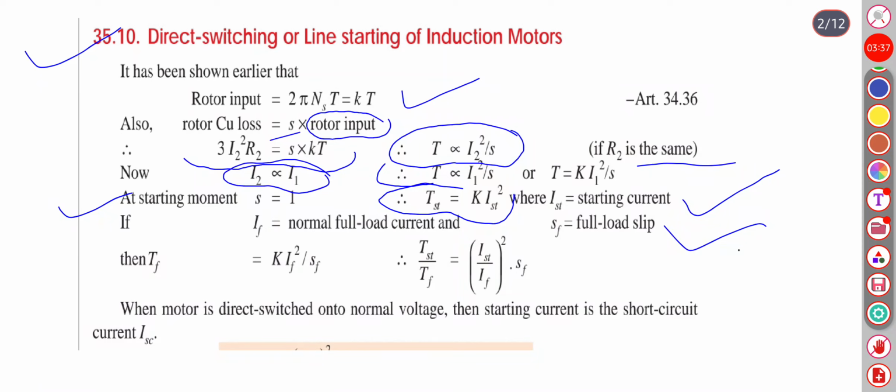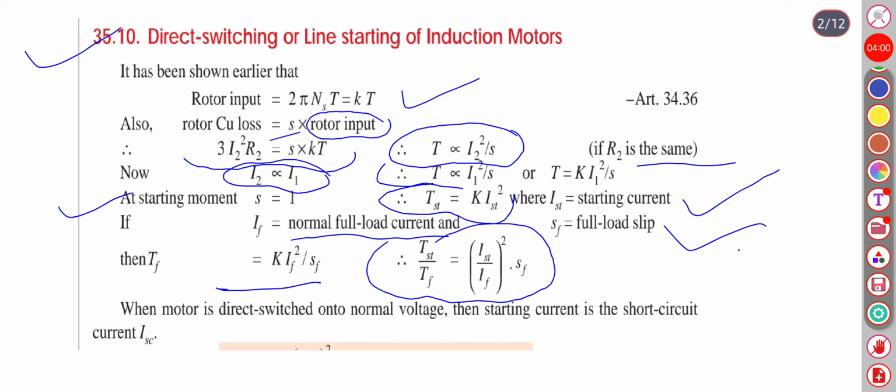If I_F is the normal full load current and T_F is K I_F square S_F, then the ratio of starting torque to full load torque becomes (starting current by full load current) square into slip at full load.